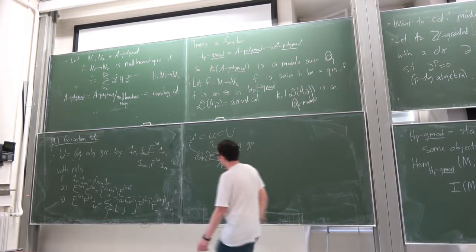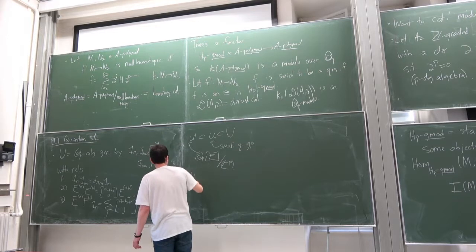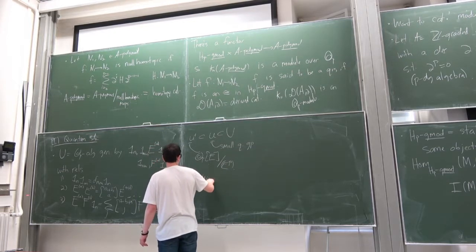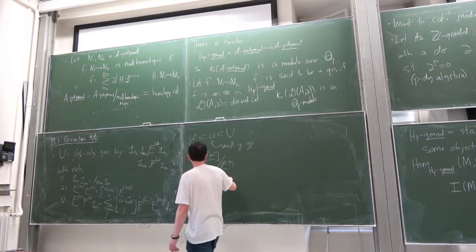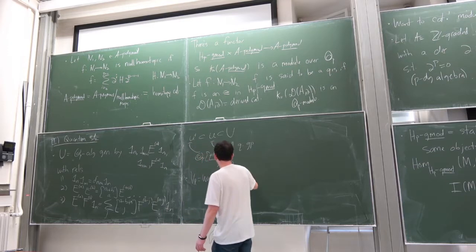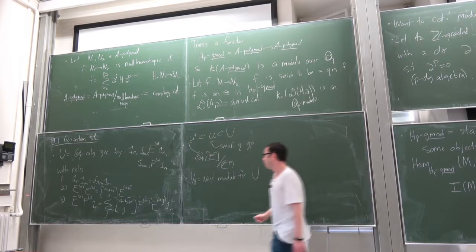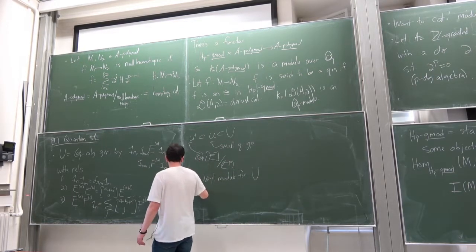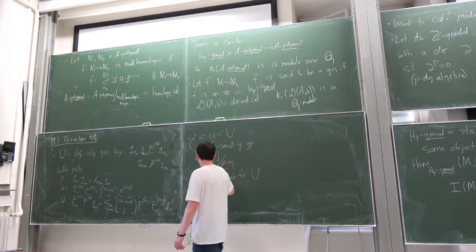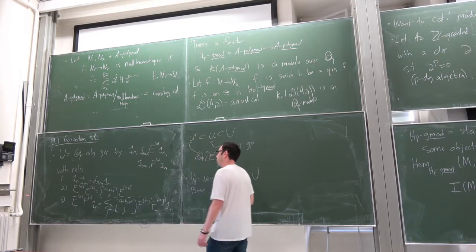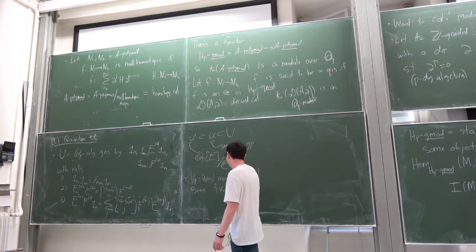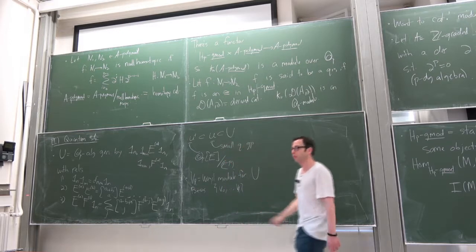Okay, so I'm going to let VL equal the Weyl module for capital U. So this has a basis V0 through VL. It's L plus 1 dimensional.